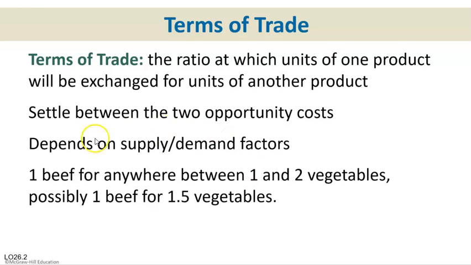And in Mexico, the opportunity cost of one beef was 2 vegetables. So the terms of trade will be somewhere between the two. It doesn't have to be exactly between the two. Possibly they would trade one beef for 1.5 vegetables. But if it's anywhere between the two opportunity costs, the two countries will decide to trade and both countries will benefit from the trade.